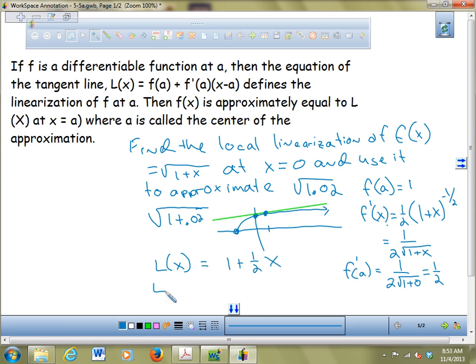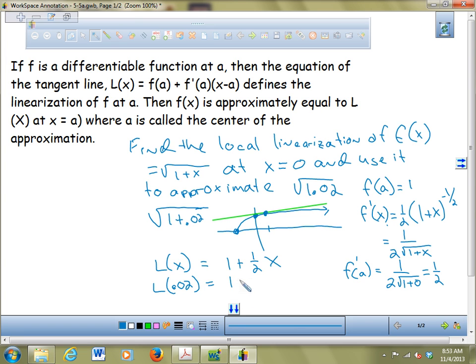So I want L of 0.02. In other words, I want to plug in 0.02 for x. This is the equation of the tangent line at x equals 0, and I'm using this tangent line to approximate when x is 0.02. So if I go 0.02 this way, I would be finding the square root of 1.02.